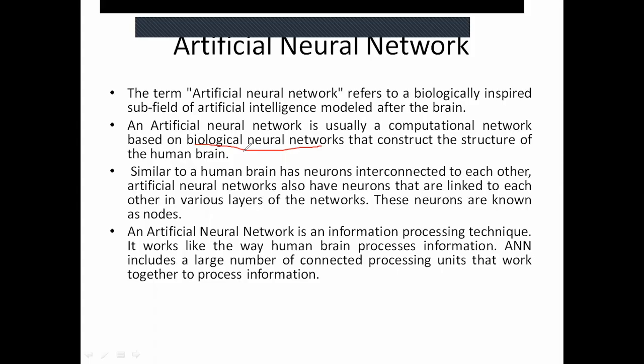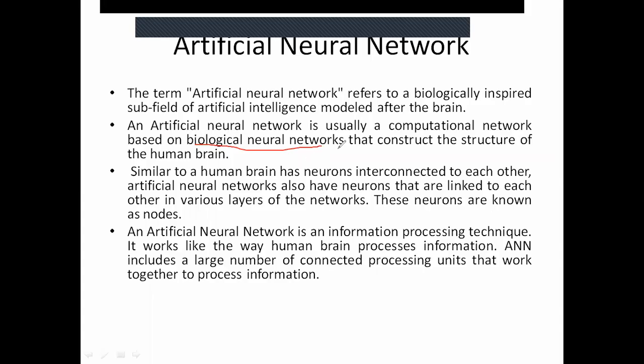If you want to move your hand or walk, everything is happening in the brain. The signal from the hand goes to the brain, and then the signal comes back to the hand and you can move it. But it happens so abruptly that we don't know this is happening within our brain. That is your biological neural network.